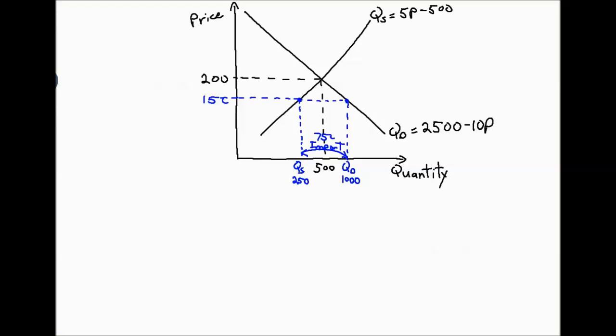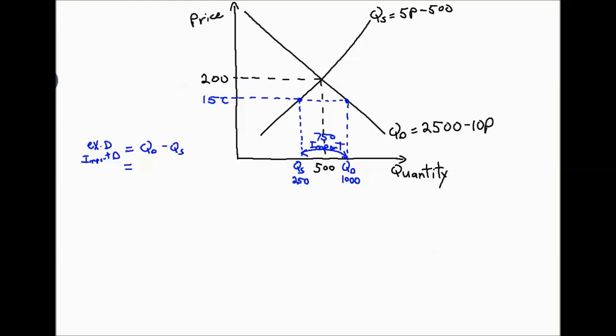Can you see that? Now we can work all that out algebraically by remembering that the import demand function, which in class I called excess demand, or you can call it the import demand function, is equal to the quantity demanded minus the quantity supplied.